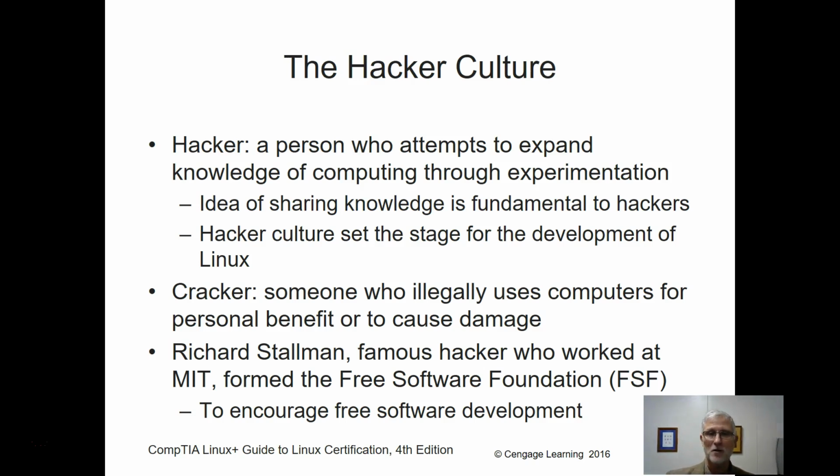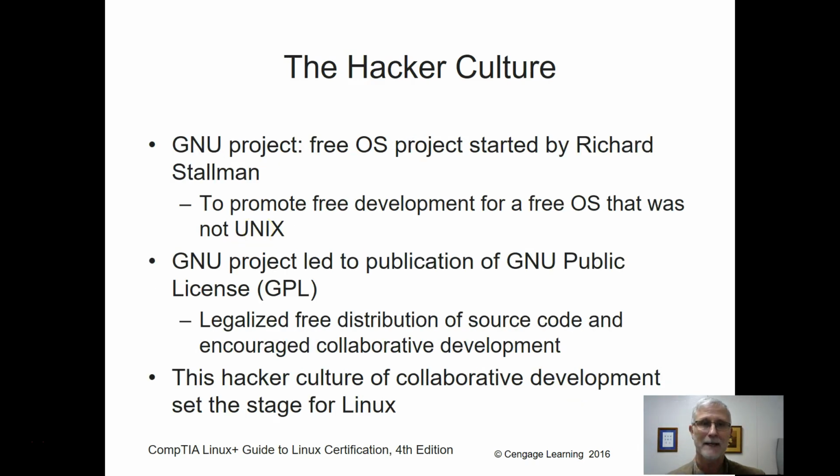Richard Stallman was a famous hacker who worked at MIT and formed the Free Software Foundation, basically to encourage free software development. The GNU project was also started by Richard Stallman, to promote the free development of operating systems, which led to GNU public licensing and free distribution.